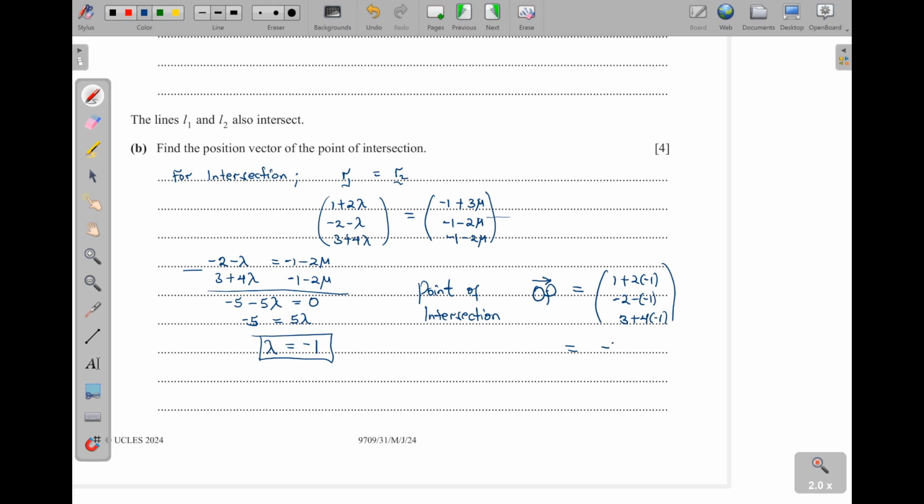We shall get a -1 here, and then here we shall get -2 plus 1, that gives us -1, and then 3 minus 4, that will give us a -1 also. So that is our position vector of the point of intersection, which you can also write as -i minus j minus k, like that. So either you write this or this one here.